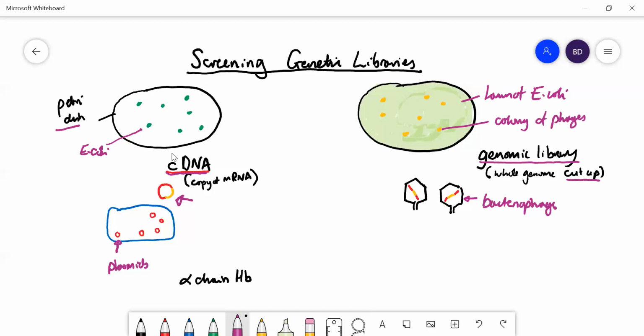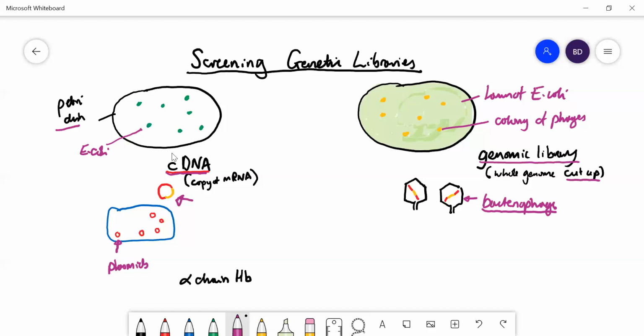All the E. coli there have been lysed, killed, and used to manufacture lots and lots of those phages. In each bacteriophage, you've got the red DNA, which is the bacteriophage DNA, and the yellow bit is the human DNA which has been inserted in there. Now we need to find out what's in each of those colonies.